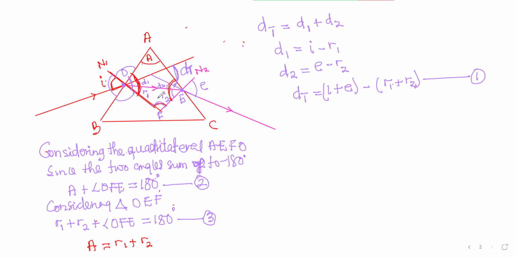Joshua, are you okay? Sir, please, I want to see the word 'since the two angles of'. I can't see the word. No, this is from the normal N1 to the plane AB, giving us 90.